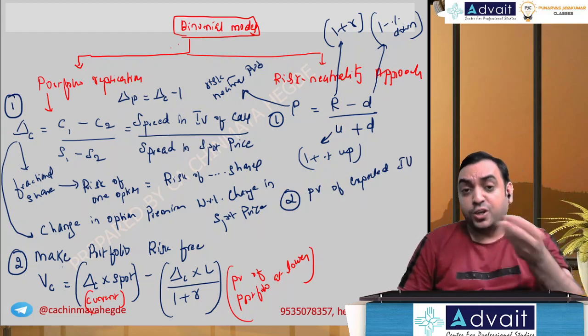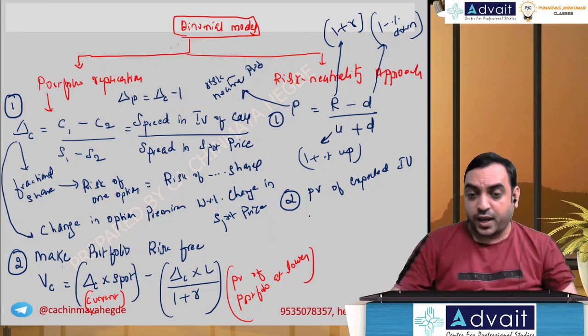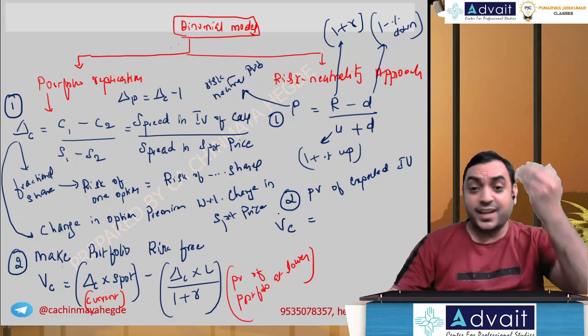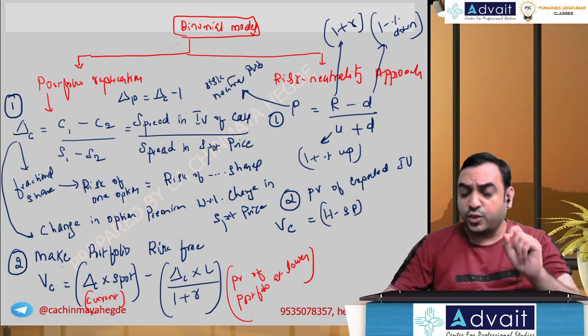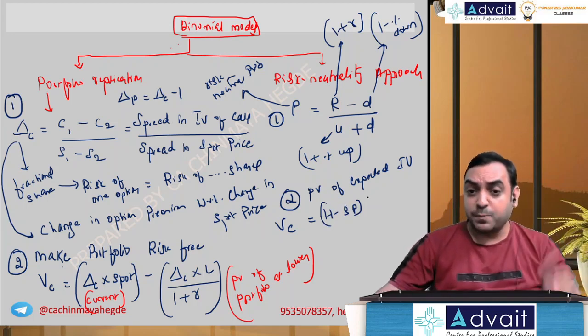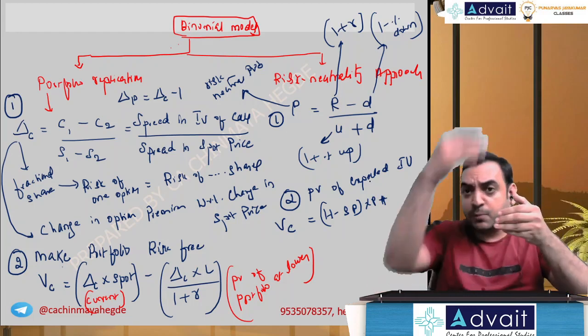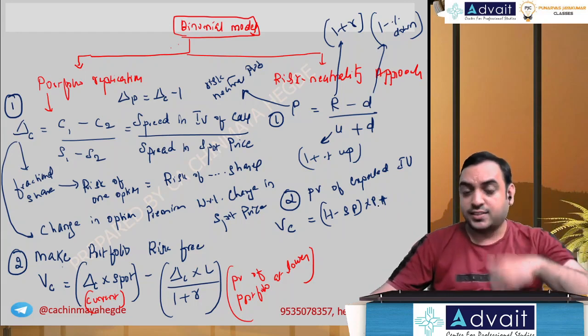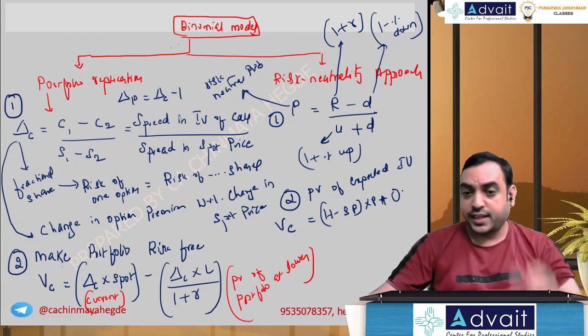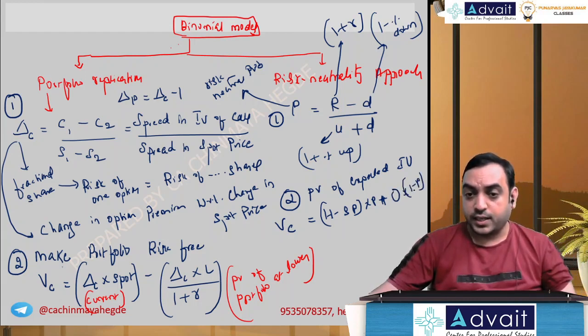On expiry, the value of the call option when the market price is high is the high price minus strike price, multiplied by probability P, plus, when the market price is low, it's usually not exercised, so I'll say 0, multiplied by 1 minus probability.